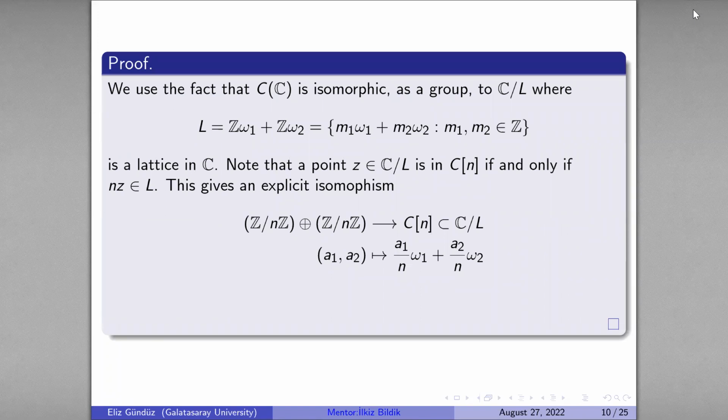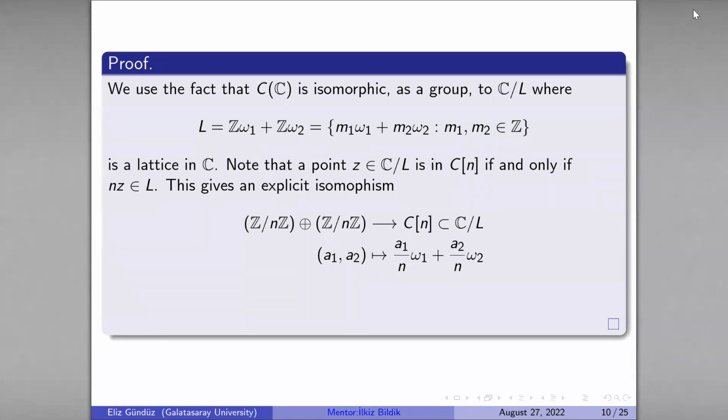We will use the fact that when we define the curve over the complex numbers, it is isomorphic as a group to the complex numbers modulo this lattice. And note that when we take a point in this quotient, say z, z is in Cn if and only if nz is in this lattice.